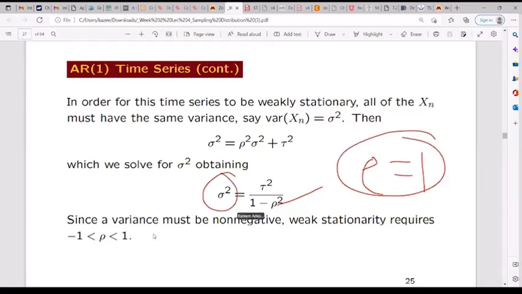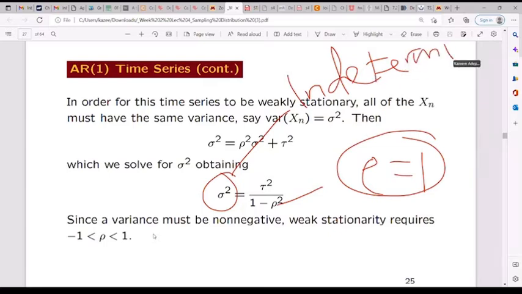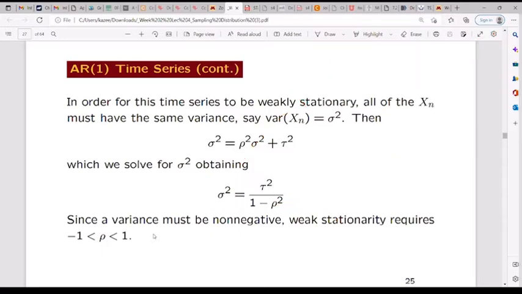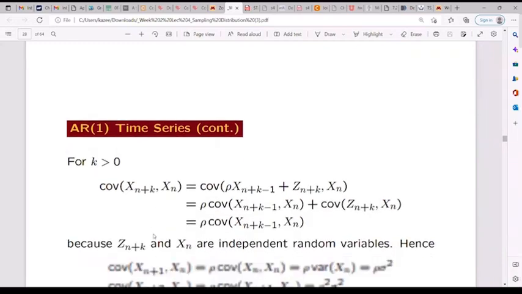The variance will be indeterminate, because mathematically speaking, when the denominator of a fraction equals 0, it is undefined. You know that, right? That is how we got that.